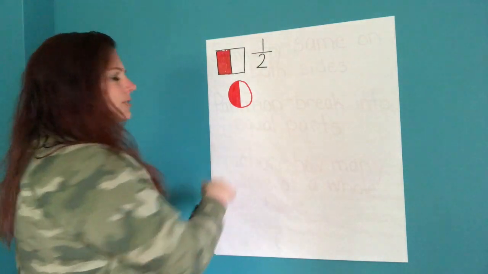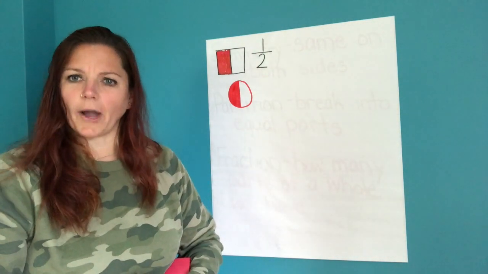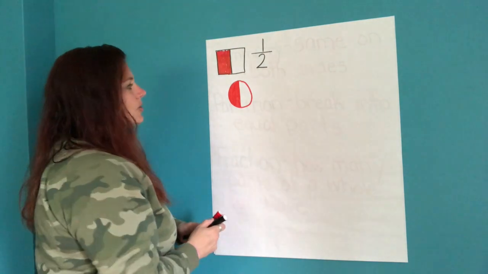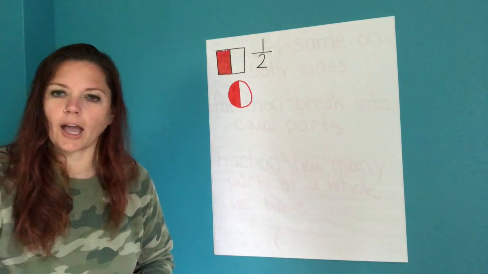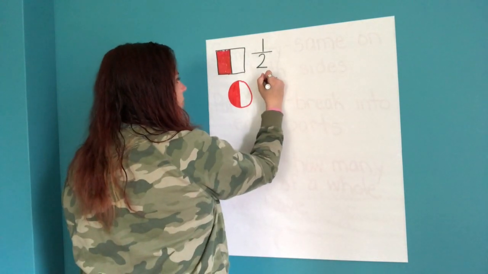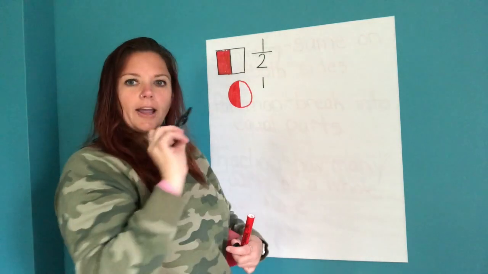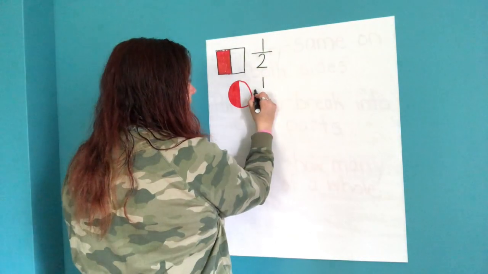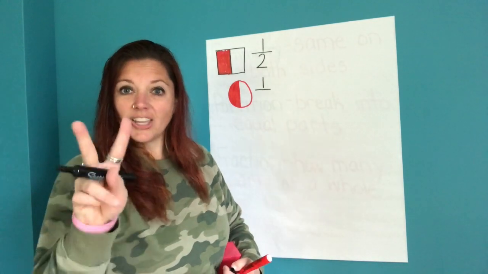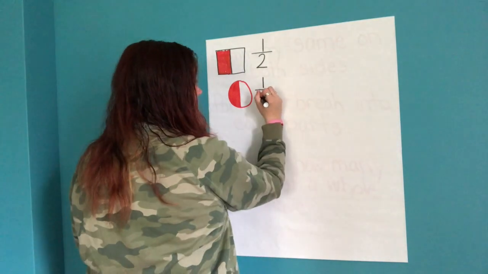How many parts of this circle are white? 1. So you're going to write the fraction showing how many parts are white. So we said 1 part is white. When we do a fraction, we have that line. And how many parts are there all together? 2. Good job, guys.